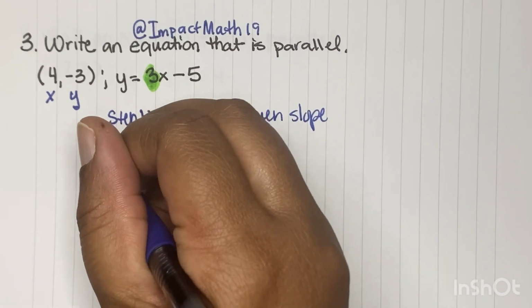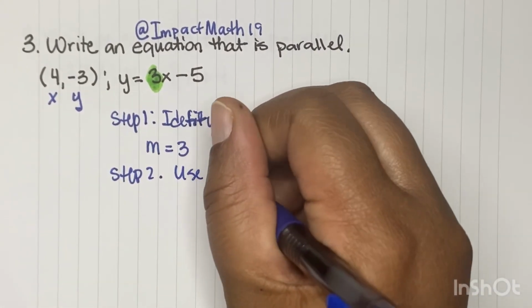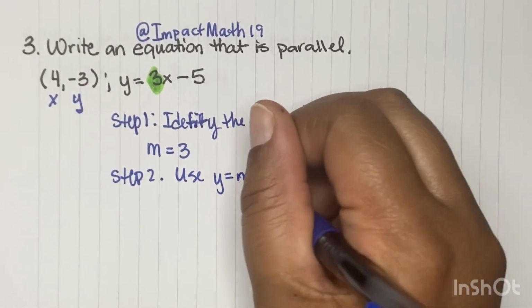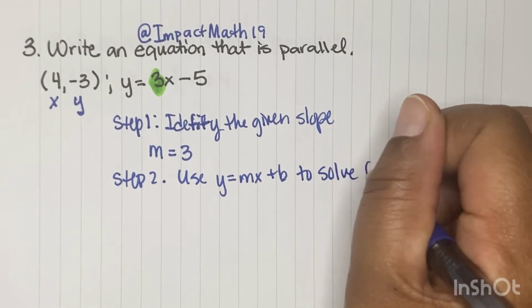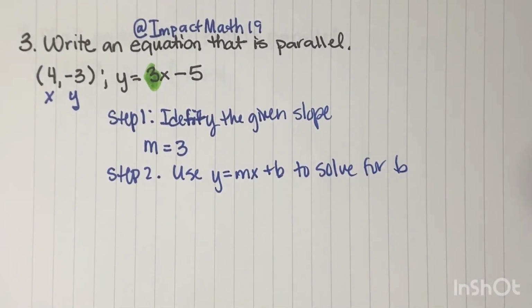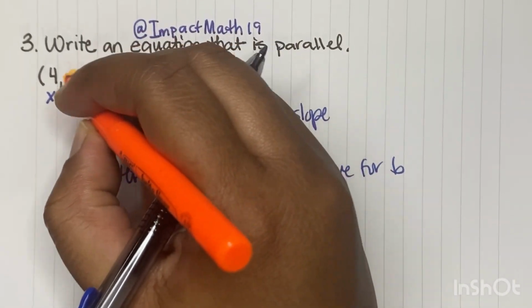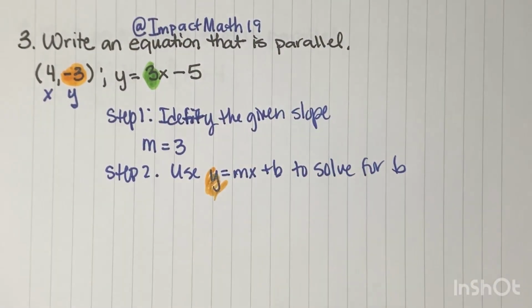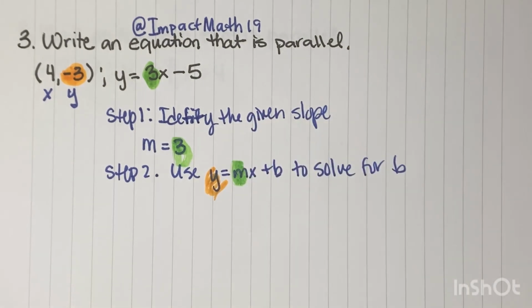Now, our step 2, remember, we have to use the y equals mx plus b to solve for b. So we're going to plug in this y that they gave us, which is -3 here. We're also going to plug in this m that we said was 3 for here.